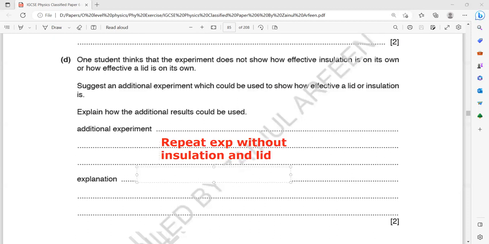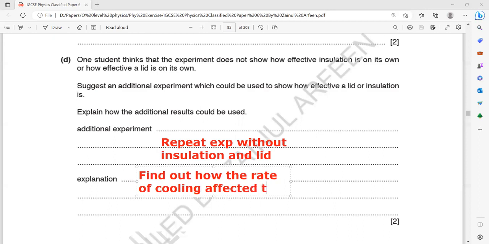We will find how the rate of cooling is affected by lid or without lid and insulation.